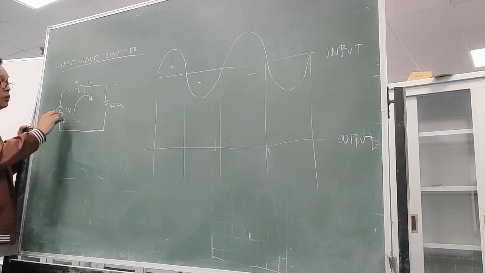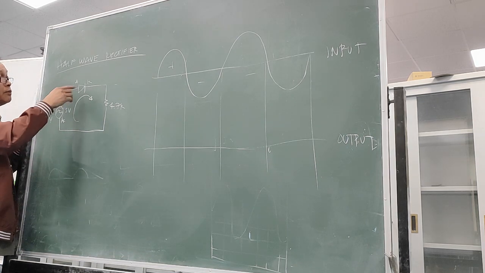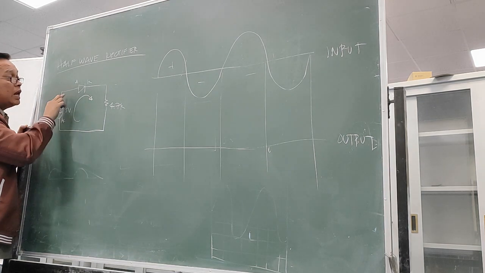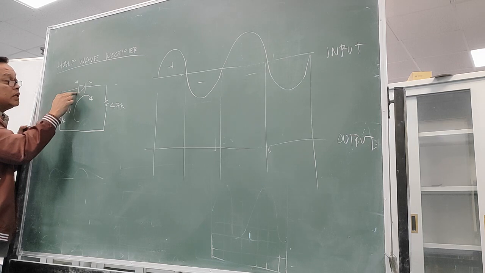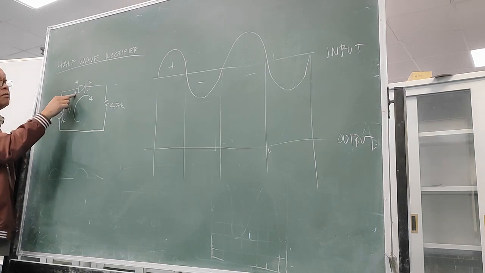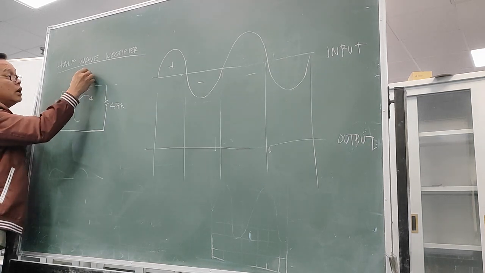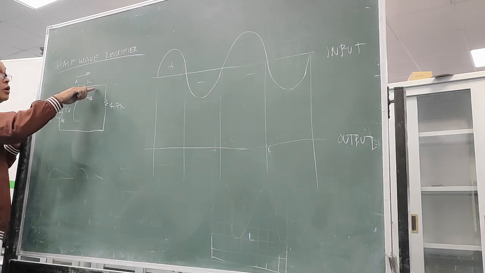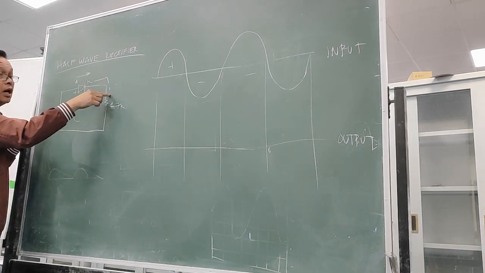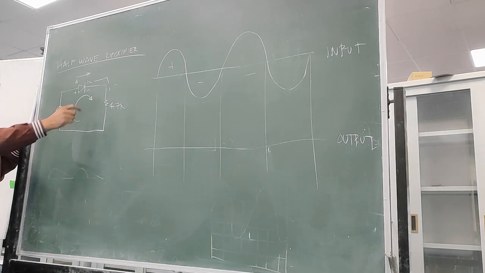What will it do during the positive cycle? It will allow it, because the positive cycle is applied to the positive side, so it will pass through and go to the output side of the circuit.